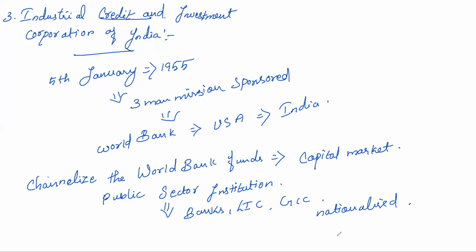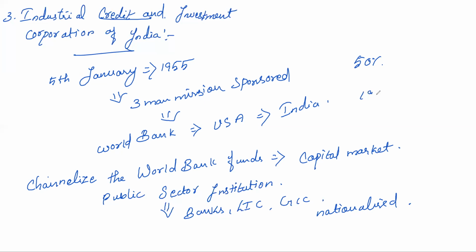Okay, that's all. So the significant feature of the operations of ICICI is that foreign currency loans are sanctioned to industries. Nearly 50% is given as foreign currency. This is possible because of the facility to raise funds, and the World Bank has been the single largest source of such funds.